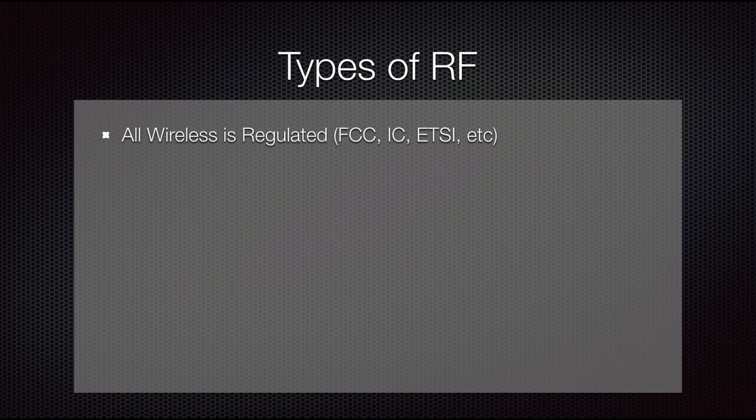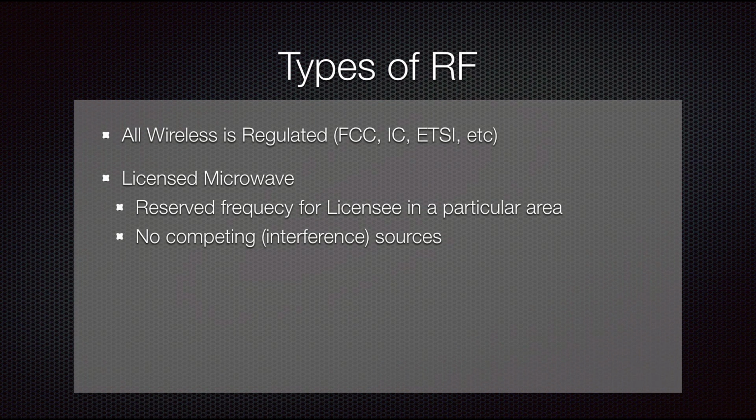So first of all, they break down into what is called licensed microwave. Licensed microwave is reserved for the licensee in a particular area. If you are driving around and you notice towers with big dishes, or you look on top of buildings and see big dishes, all of those are very specific.